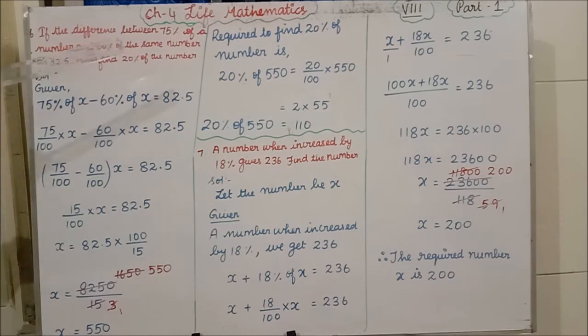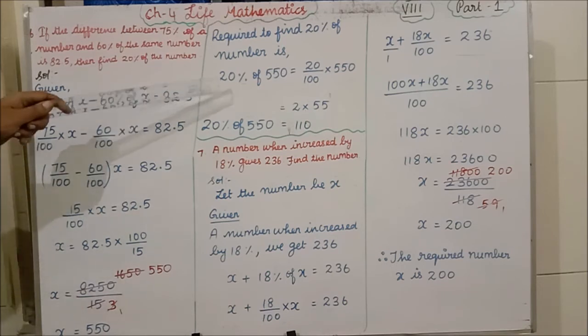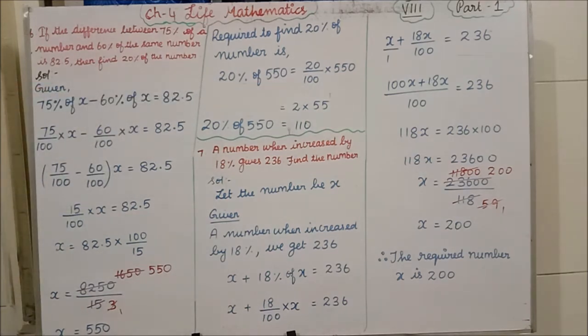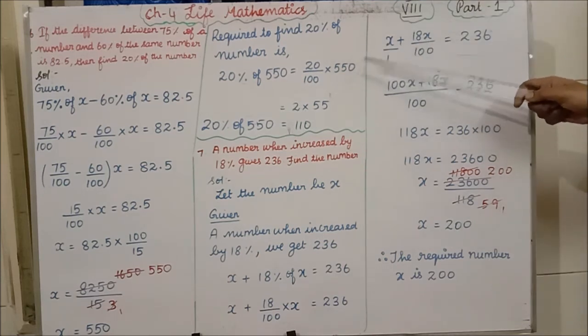Now we know the number they have given. What is that number? That number is 550. So they are asking for 20% of 550. Clear? So 20% of 550, how can we write? 20 by 100 of, means into 550.